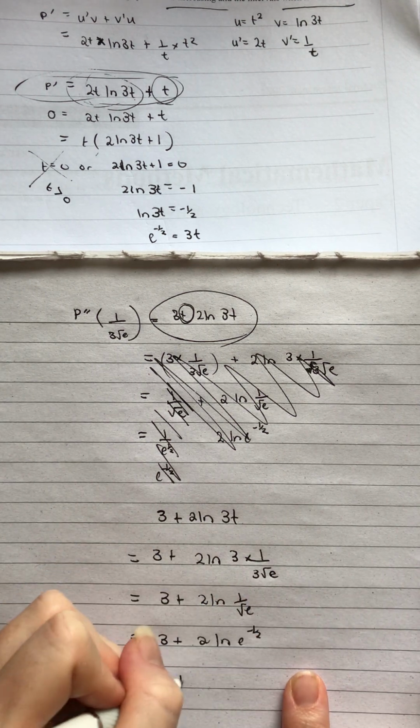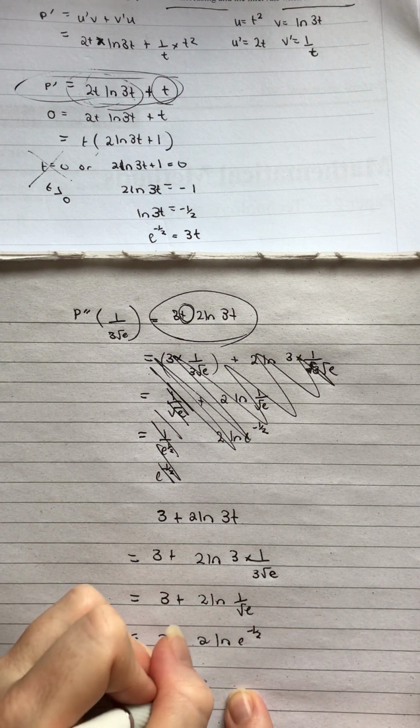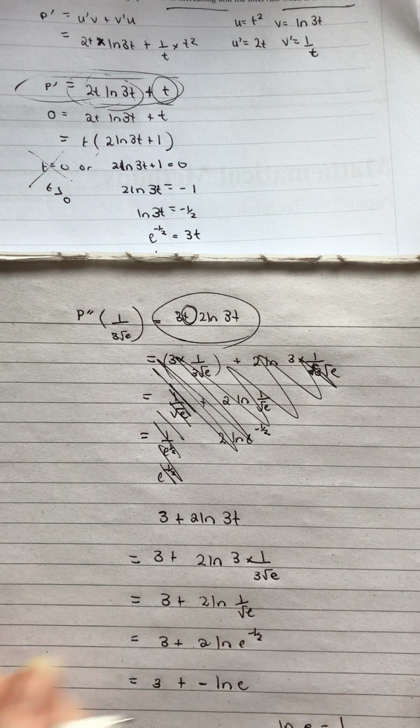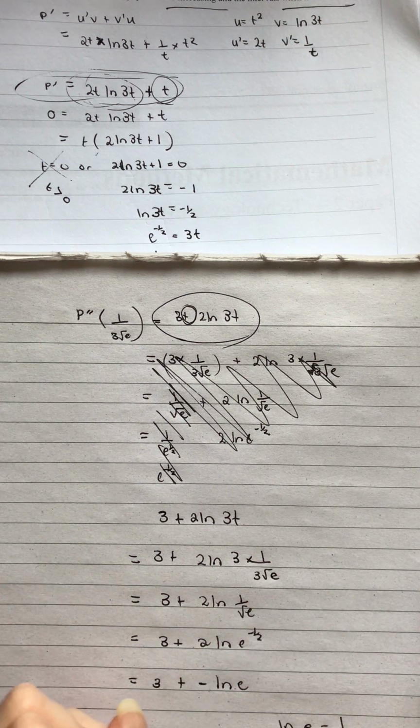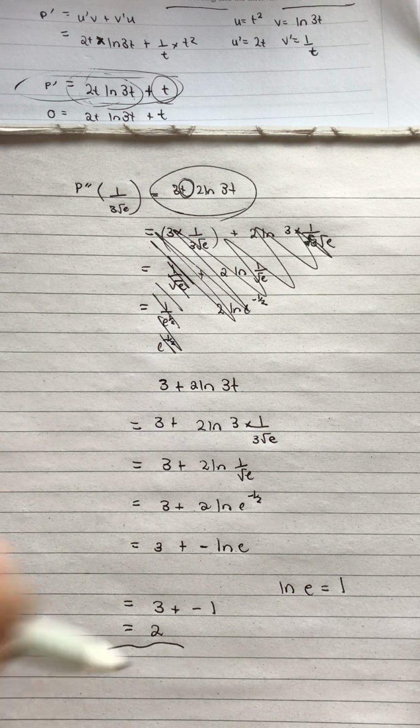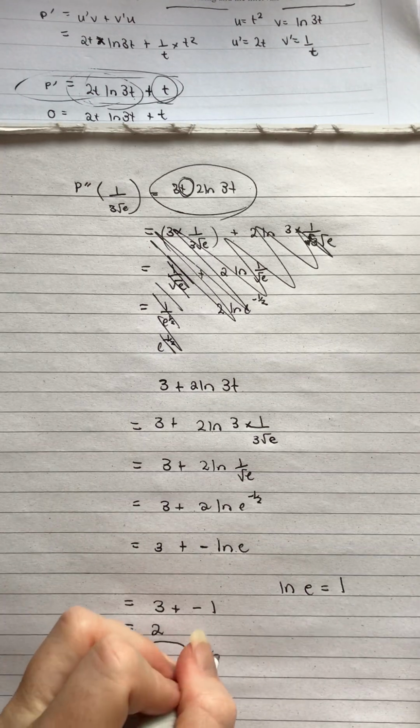I can then bring down that negative 1/2 out the front, so that will become negative ln e. I know that ln e is equal to 1, so that's the same as having 3 plus negative 1, and 3 take away 1 is 2. That tells me then that my stationary point is a minimum.